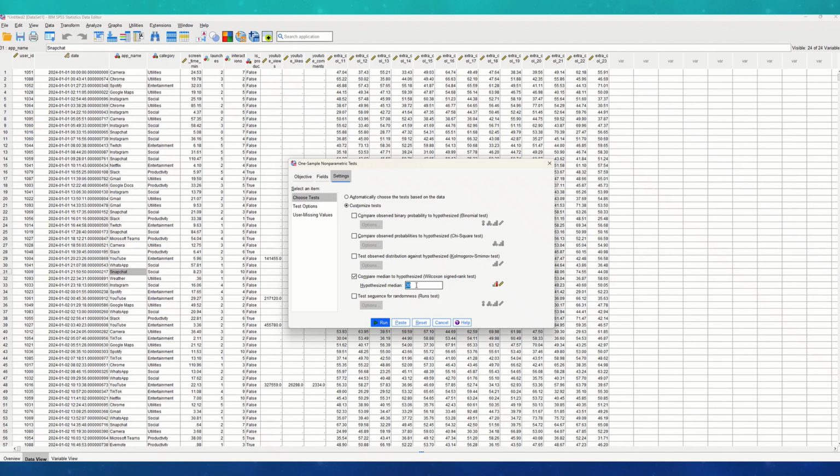So just like you had to use the test value for the one sample t-test to give it your population mean, here you're going to give it a value for your population median, right? And so that is whatever you have had for that theoretical median or that theoretical population. I don't have a particular value, but I'm just going to take a quick look here and say, let's go with 30,000.